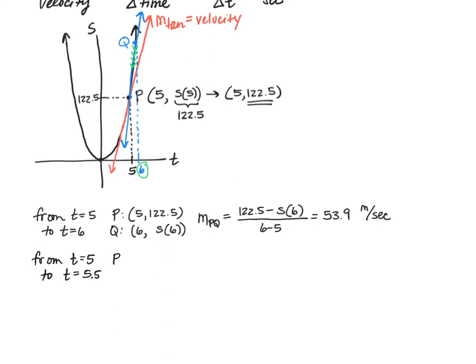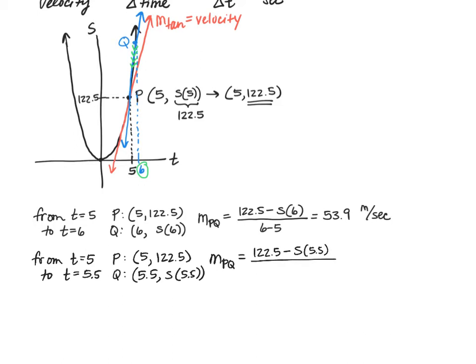So point P, the point of tangency, has not changed. It's (5, 122.5). But now point Q is going to be (5.5, s of 5.5). So now my slope of PQ, which is my average velocity, is found by taking 122.5 minus s of 5.5 divided by 5.5 minus 5.